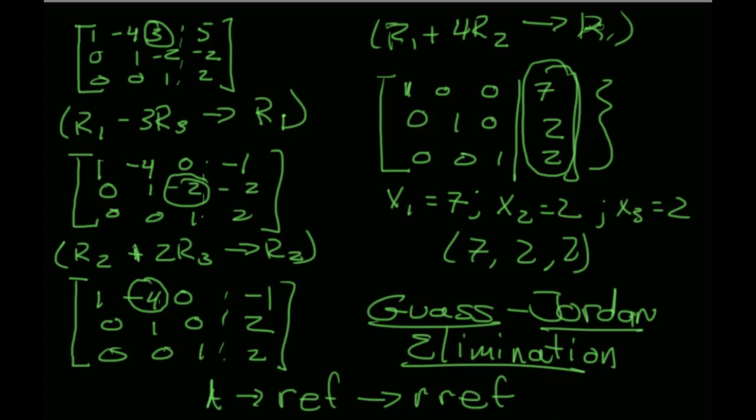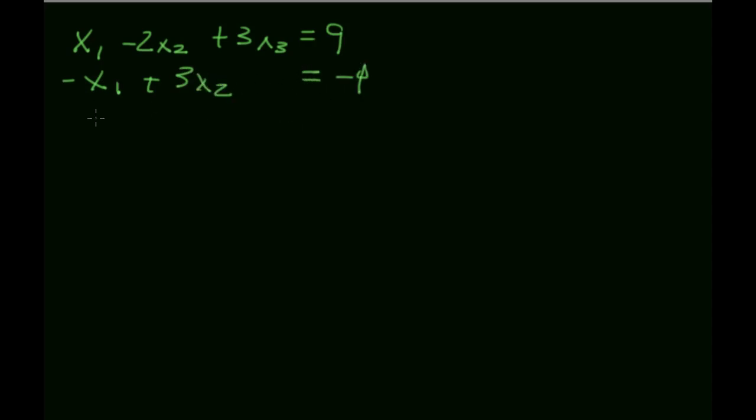So let's try one more example. Okay, so let's take a look here. Let's say I have x1 minus 2x2 plus 3x3 is 9. Negative x1 plus 3x2 is equal to negative 4.